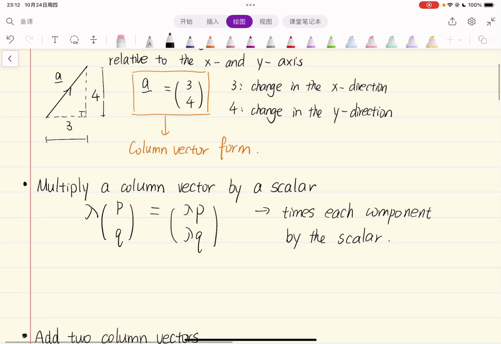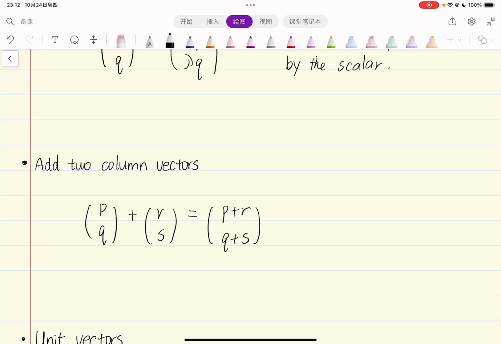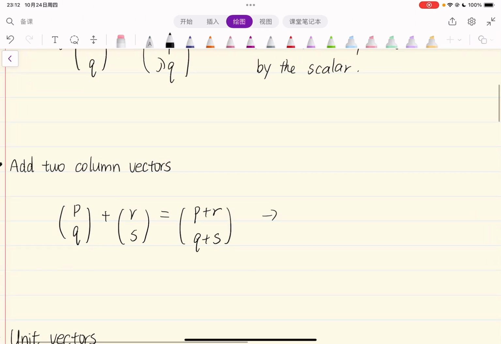If you add two column vectors, let us say (p, q) plus (r, s), that equals (p plus r, q plus s). Here, we add x components and y components.